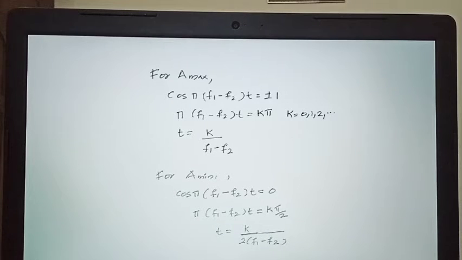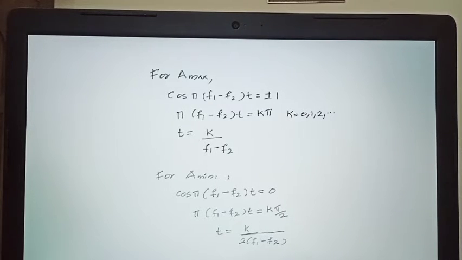Two types of boundaries are possible: rigid boundary and soft boundary. Whenever reflection happens from a rigid boundary, there is a 180-degree phase difference between the incident wave and reflected wave. And whenever there is reflection from a soft boundary, the incident wave and reflected wave are in phase.